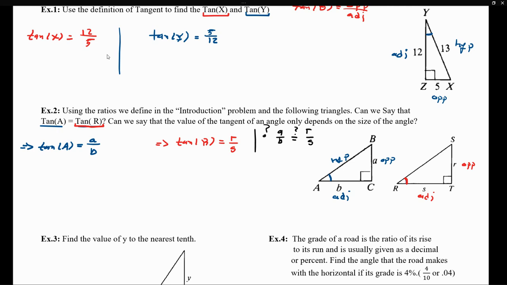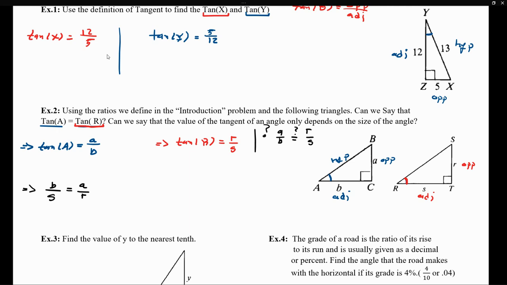But don't forget that we have said these two triangles are similar triangles. So therefore, we can have those proportion ratios. So b over s is equal to a over r.